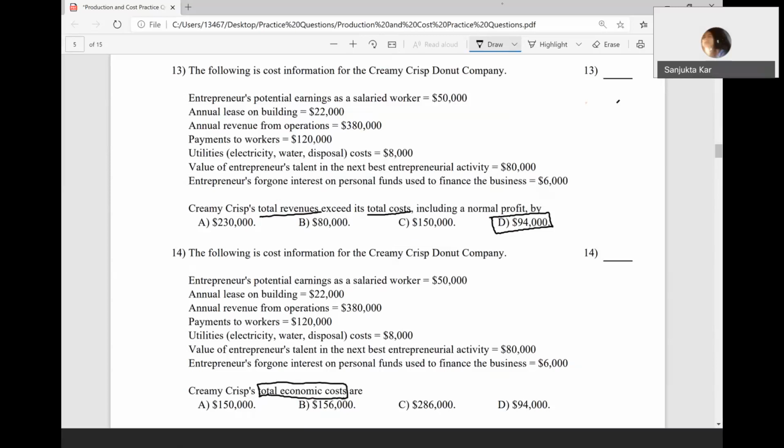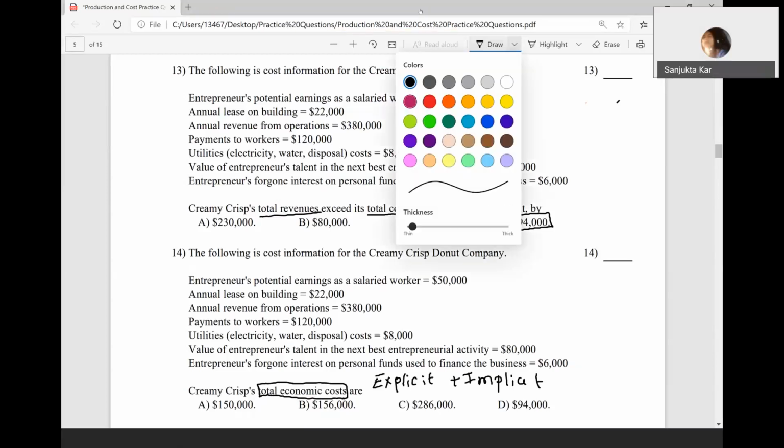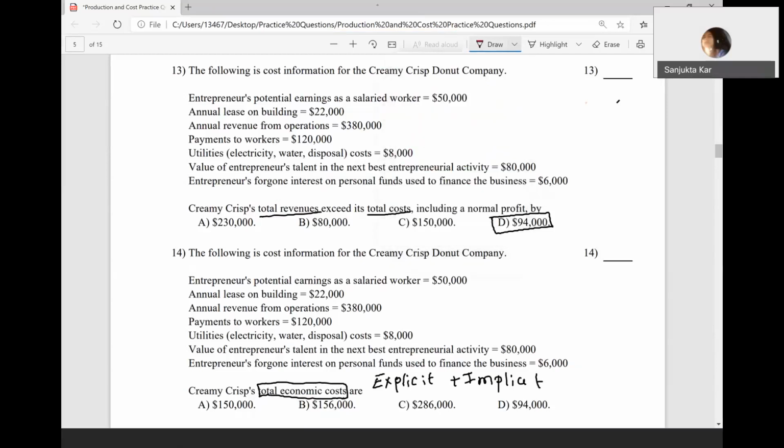The total economic cost is my explicit cost as well as the implicit cost of production. So the numbers given here is going to be everything except the annual revenue from operations. Again, in this one, I will ask you to point out the implicit and explicit cost of production.